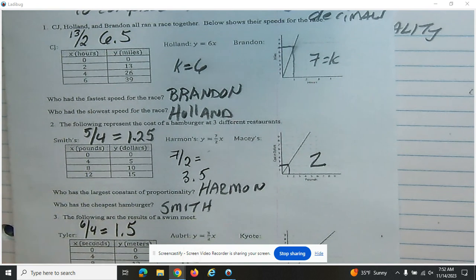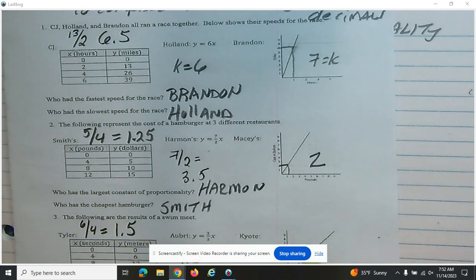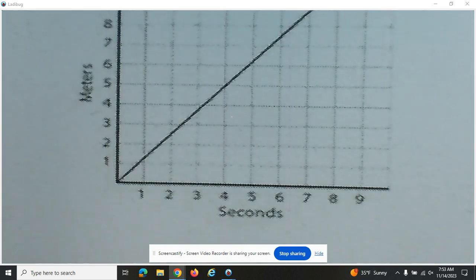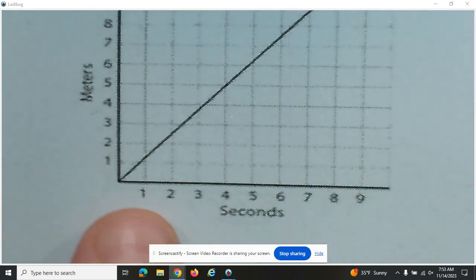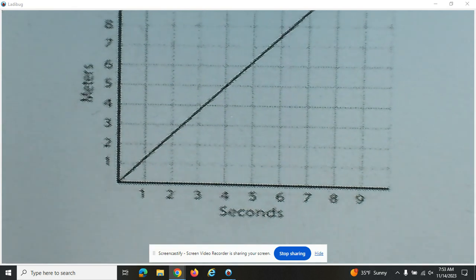What is Aubrey? What is Coyote? And I'll give you a bigger picture here. Is that 1.5? No, that's like 1.25, right?